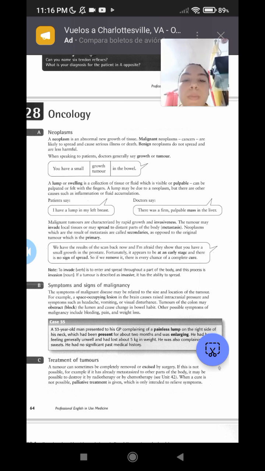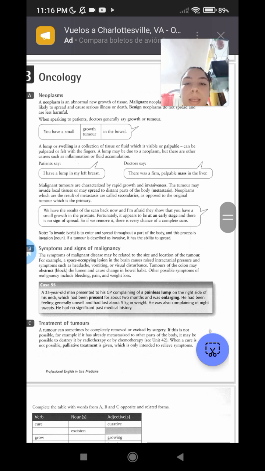When speaking to patients, doctors generally say growth or tumor. You have a small growth, or you have a tumor. A lump or swelling is a collection of tissue or fluid, visible or palpable, that can be felt with the fingers.